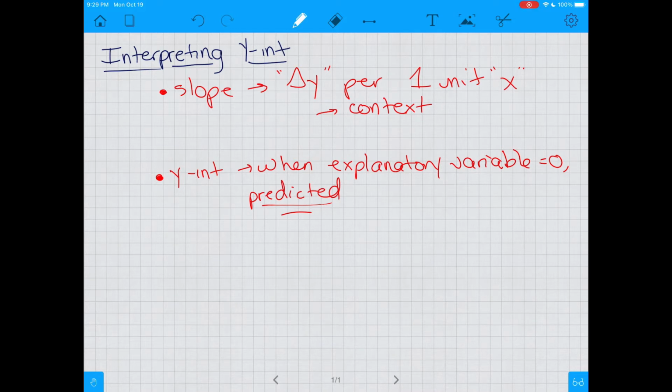There's a predicted increase. There is on average it increases or decreases by, things like that, because remember, this isn't a perfect r equals 1, a perfect line scenario, right? So we can say here the predicted y value.